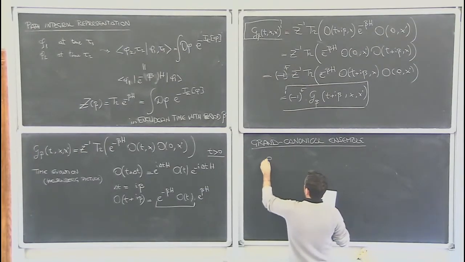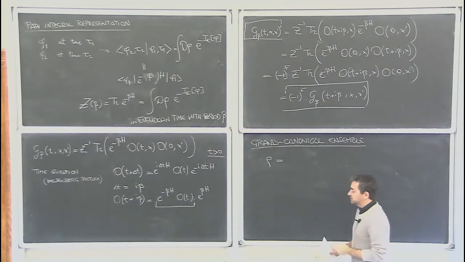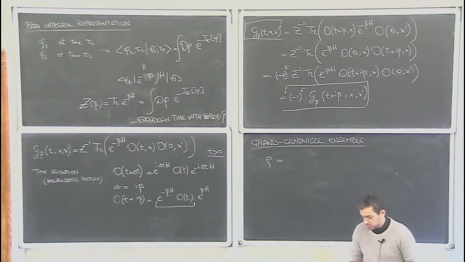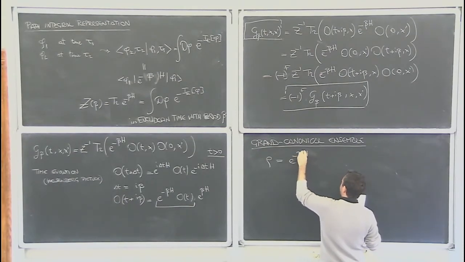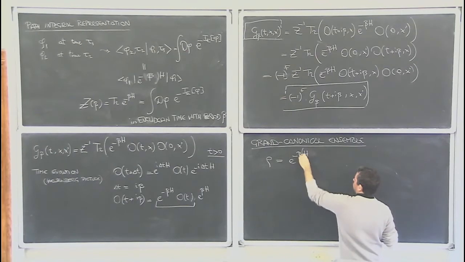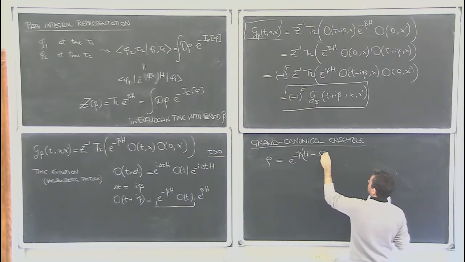So the density matrix, the one that you would always see when you do statistical field theory, is again e to the minus beta H. But now that's not all, because we have these extra contributions.